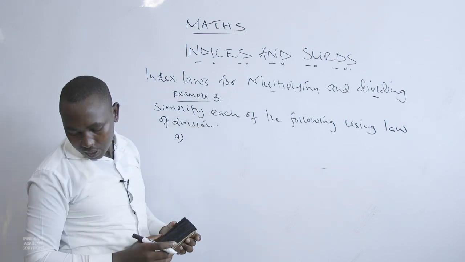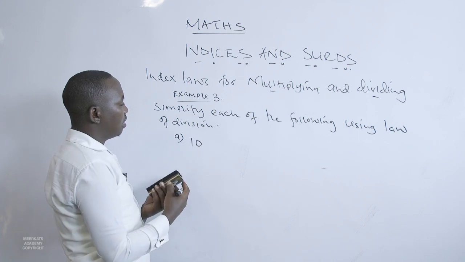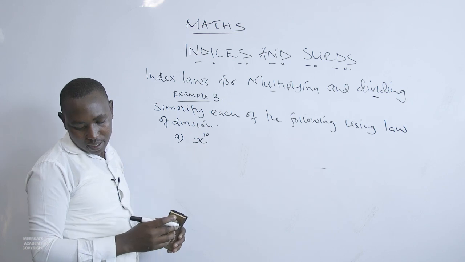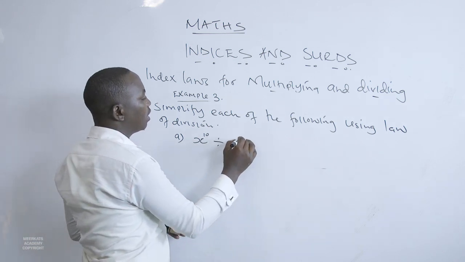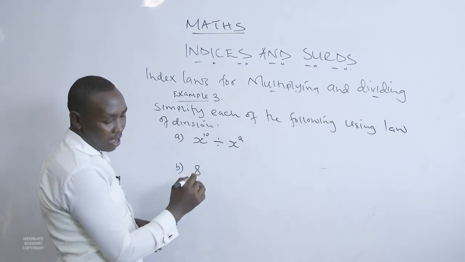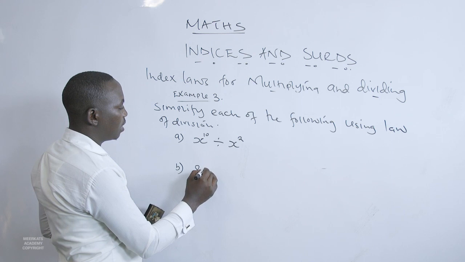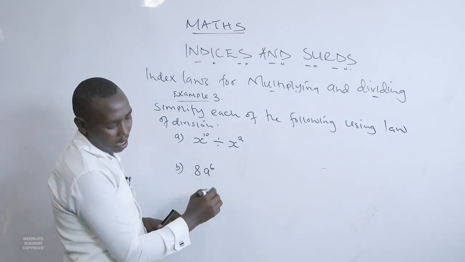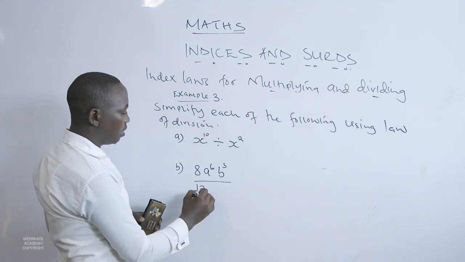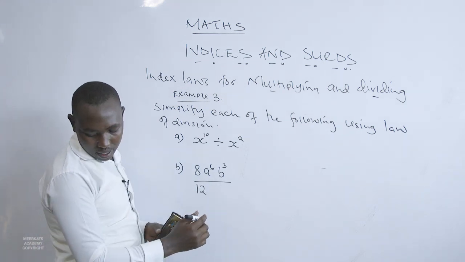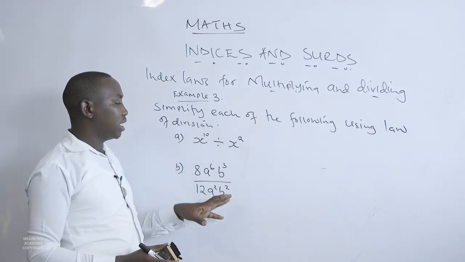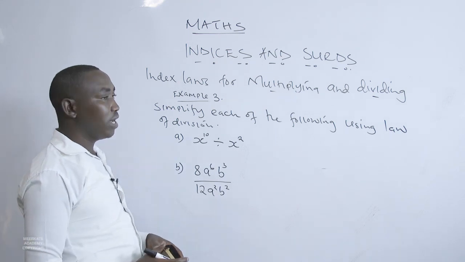Number 1, we have x raised to the power of 10 divided by x raised to the power 2. Then part B, we have 8a raised to 6, b cubed divided by 12a squared b squared. So we are supposed to solve this one using the law of division.